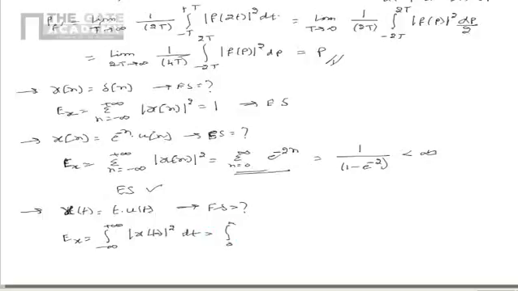This can be written as integral 0 to infinity t square dt, and we know that this integration tends to infinity. From this we can write that the energy of the signal is not finite, so the given signal is not energy signal.